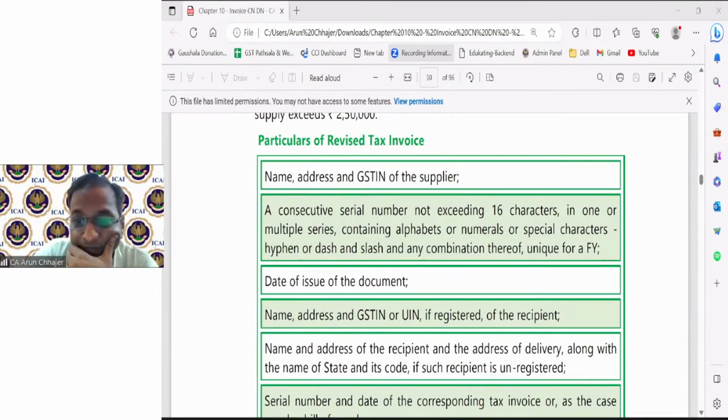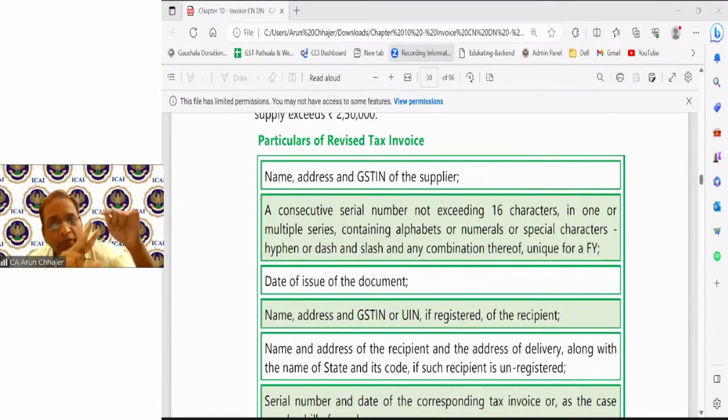What is the revised tax invoice? The two important terms: instead of the date of liability, I will use the words effective date of registration. If an invoice is already issued between the effective date of registration and the date of registration, then I will issue the revised invoice within how many months?